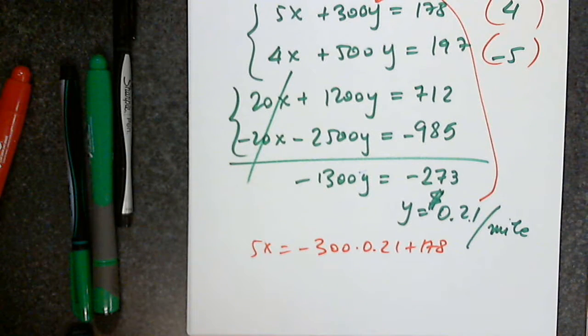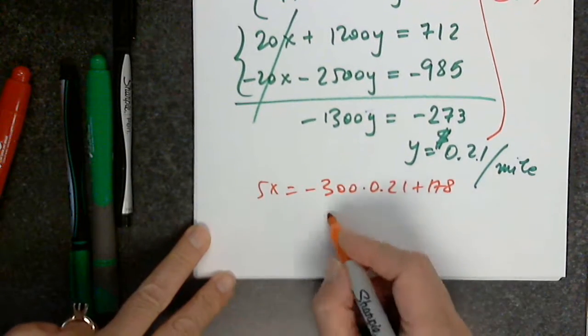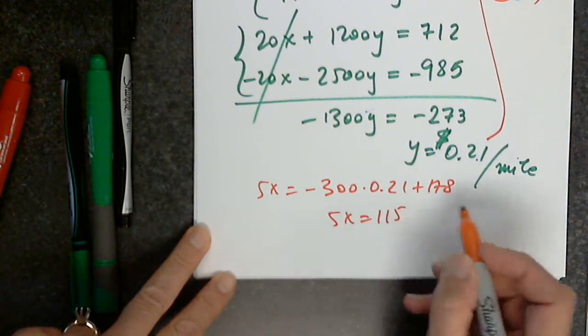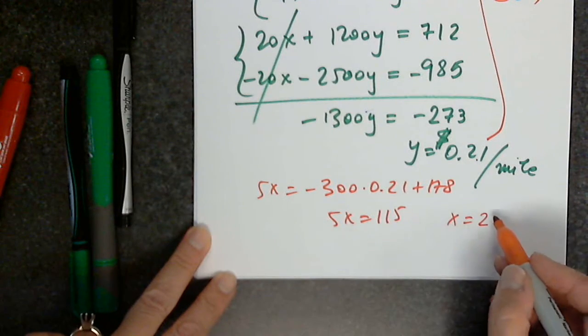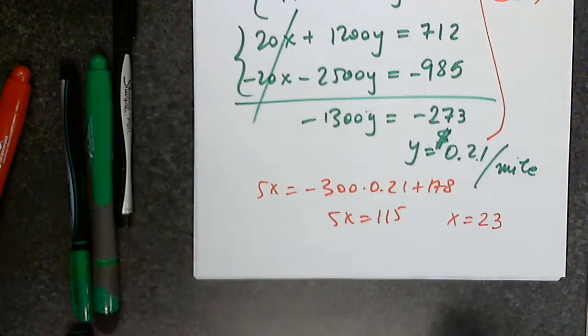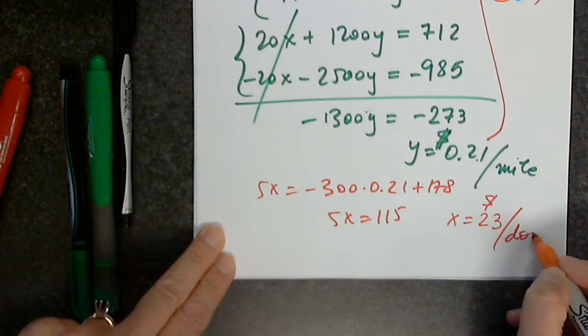What did I get? I got 115. So 5x equals 115, and x equals 23. Okay, so $23 per day.